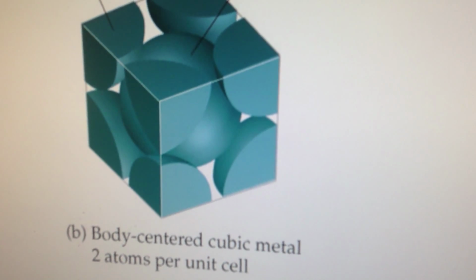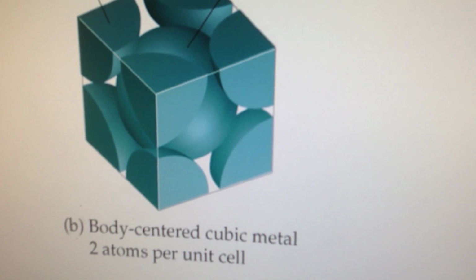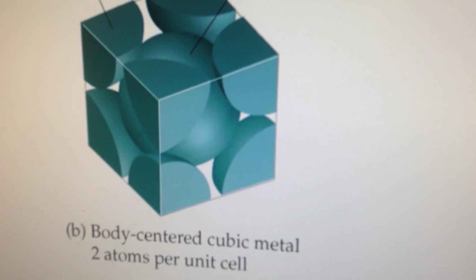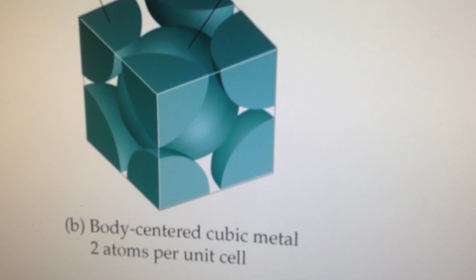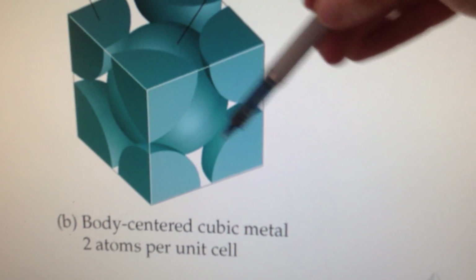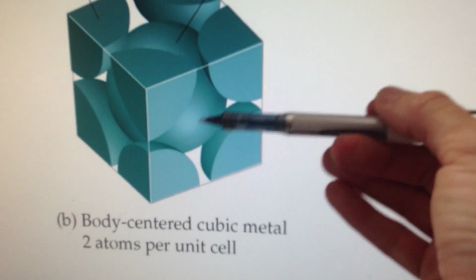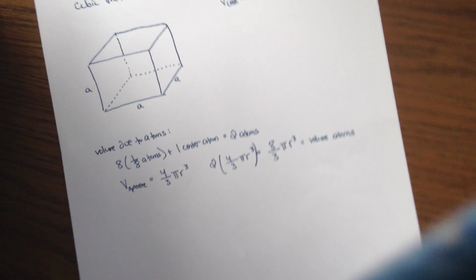I can't make any statement about the length of that line. One line has to intersect all of the radii of the atoms. I can't say how many radii long this line would be because I'm not passing through that center atom. So I have to figure out some other way to do this.